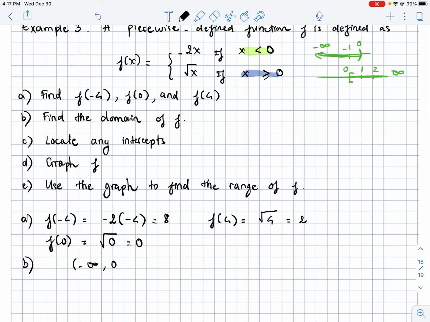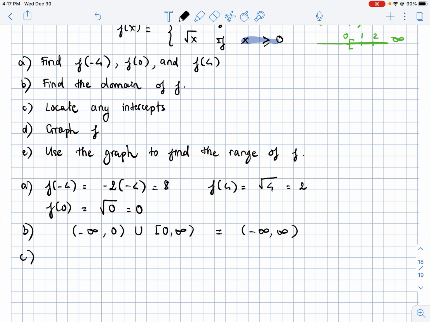The domain of the first piece is from negative infinity to 0. And the domain of the second piece is starting from 0 to infinity, including 0. The domain of f is the union. The union of these two domains is the whole line, negative infinity to positive infinity.